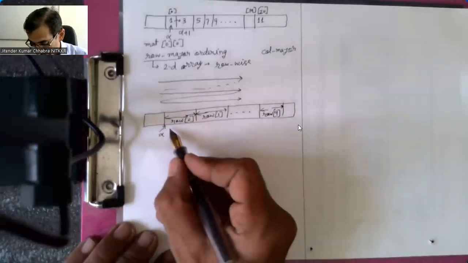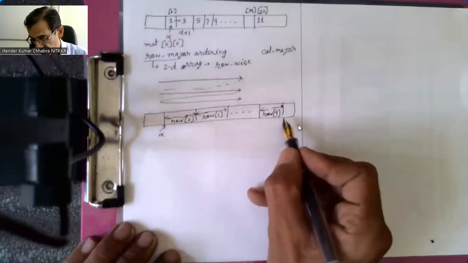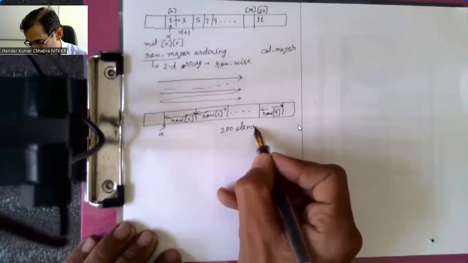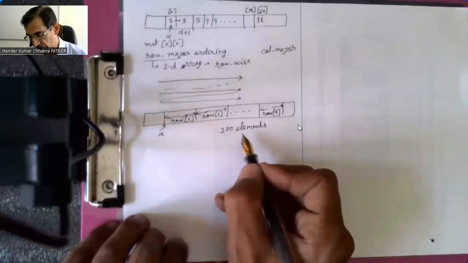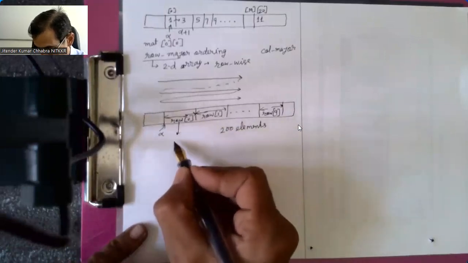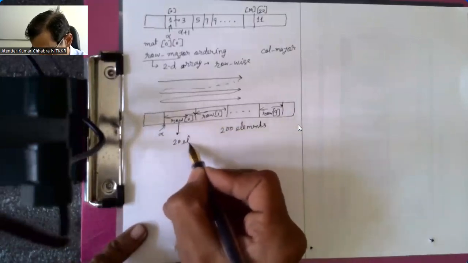Of course, this total space is guaranteed to be 200 elements, but the 200 elements are grouped into 10 groups, each group of 20 elements.